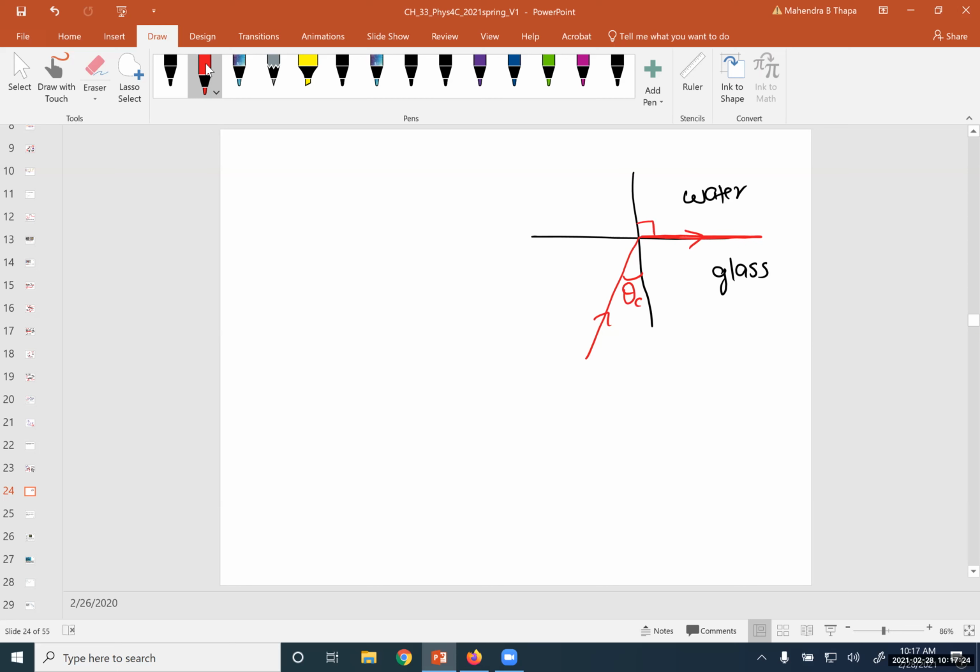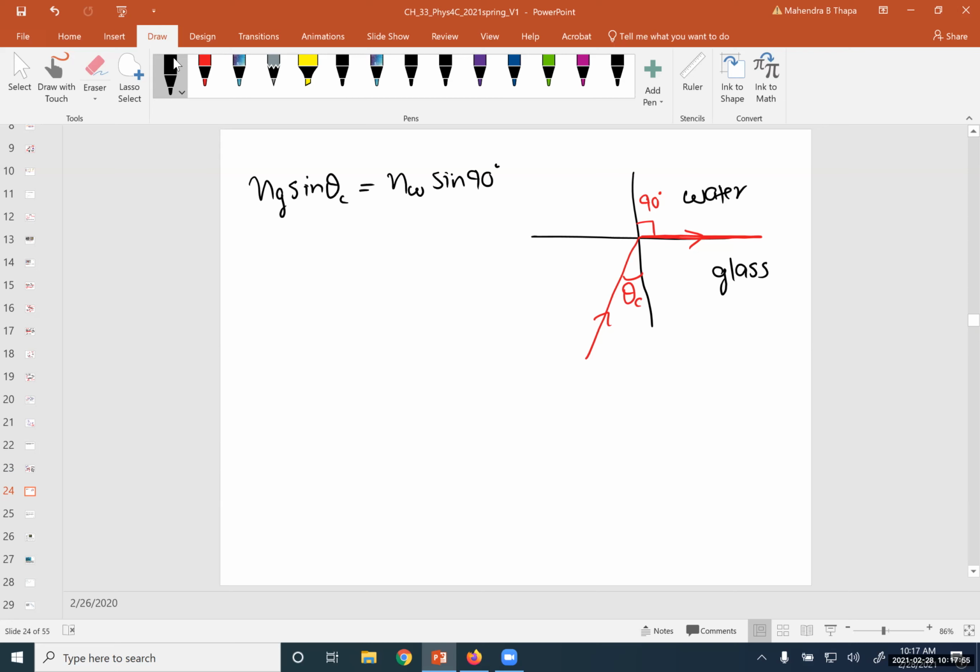So in this case, this angle is 90 degrees. Okay, so we can use the same equation that we used here. So we can write refractive index of glass times sine theta c equals, now light will be in the water, so refractive index of water times sine 90 degrees.